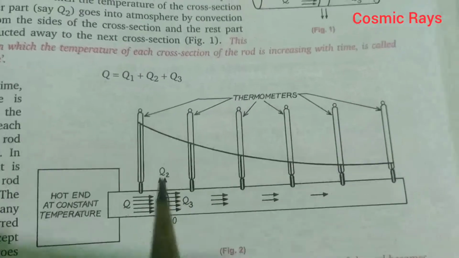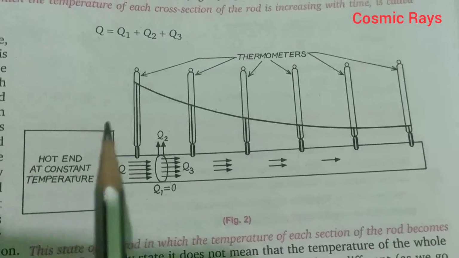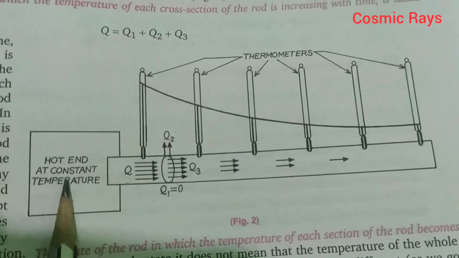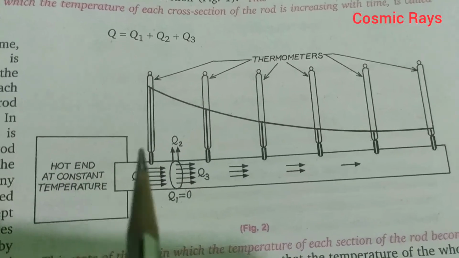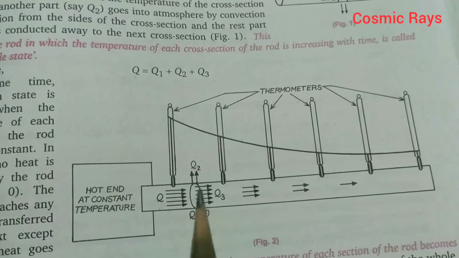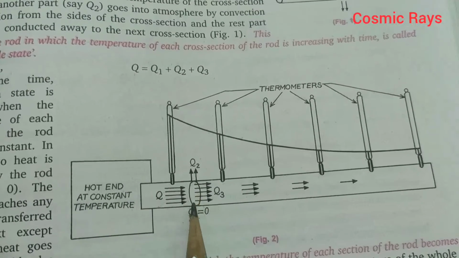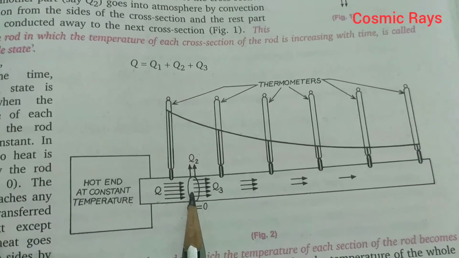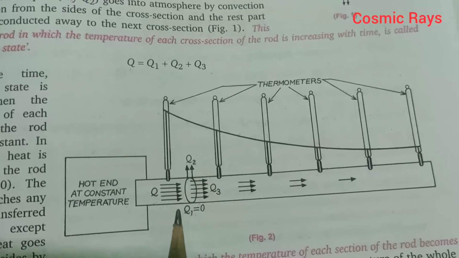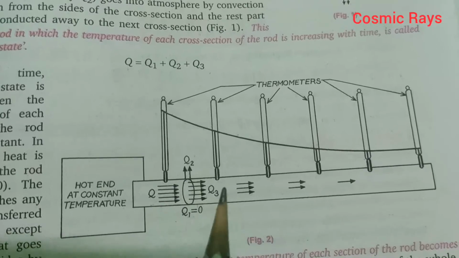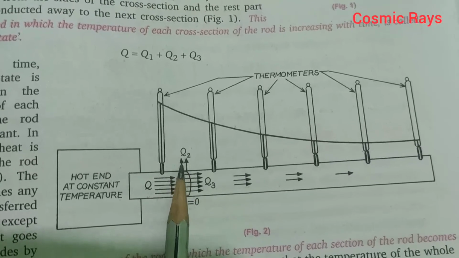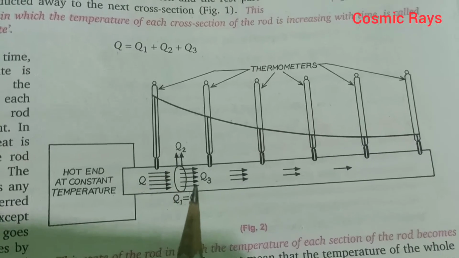If we assume that we have this rod and this hot end of the rod is maintained at a constant temperature, the heat absorbed by the cross section area, that is Q1, will be 0. The cross sectional area will not conduct any heat. There will be only one loss, that is Q2, which will be released in the atmosphere by the process of convection.